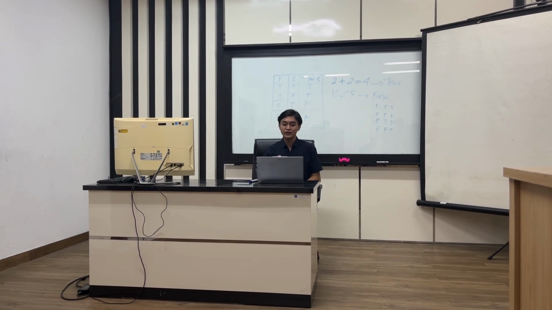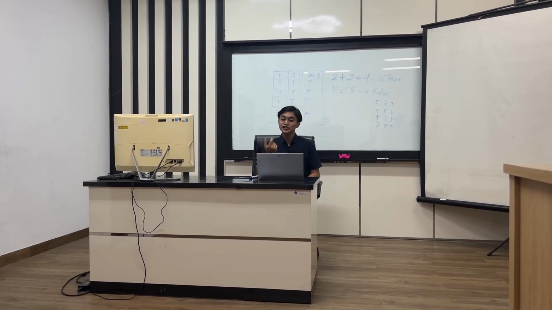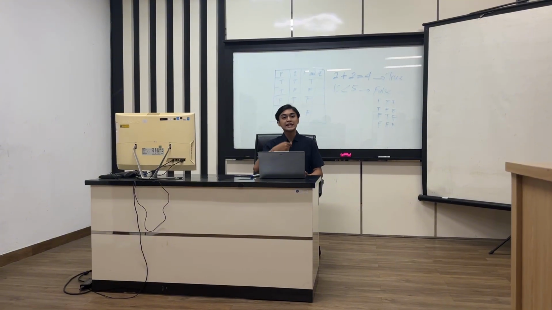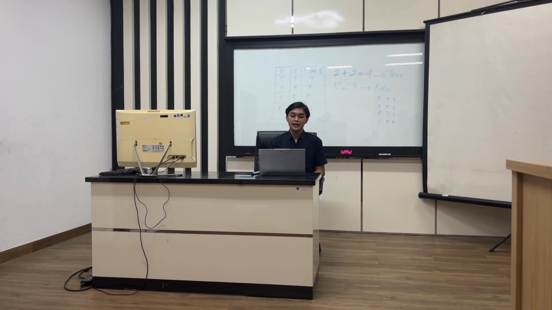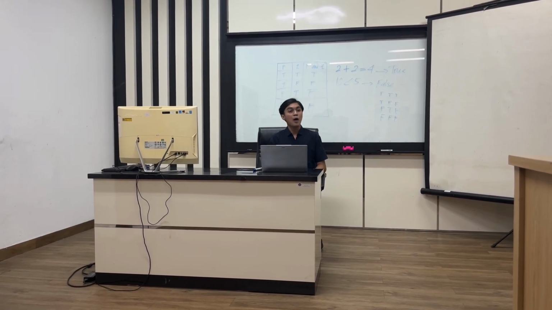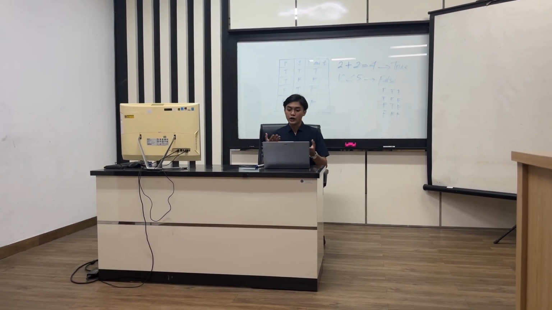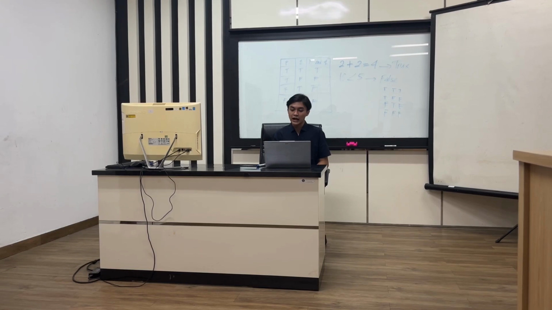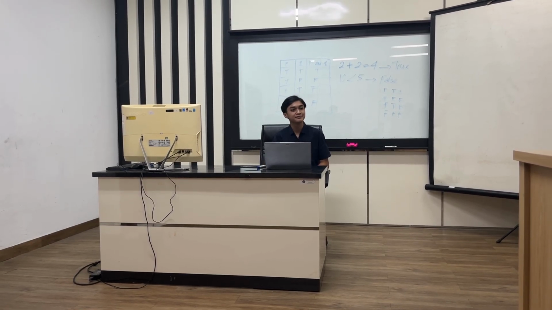We have also discussed different types of logical statements, including negation, conjunction, disjunction, implication, and biconditional. Before we close, do you feel more confident now in understanding how logical statements work? Yes, sir. That's great.